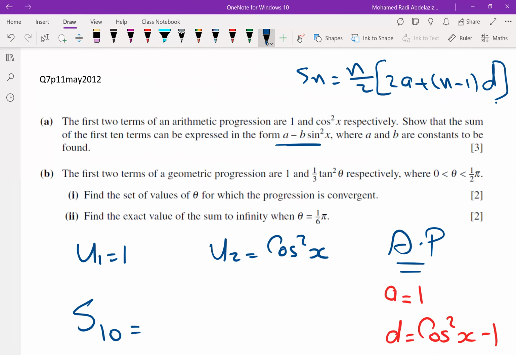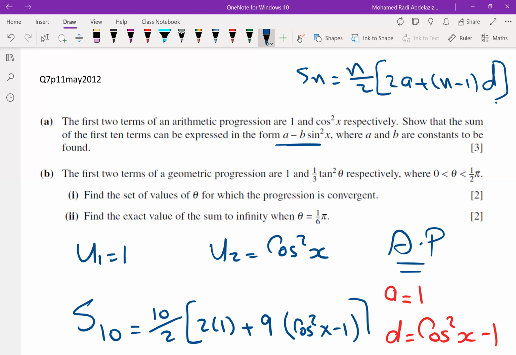So n is 10 divided by 2, times 2a, which is 2 times 1, plus 10 minus 1, which is 9, times d, where d is cosine squared x minus 1.